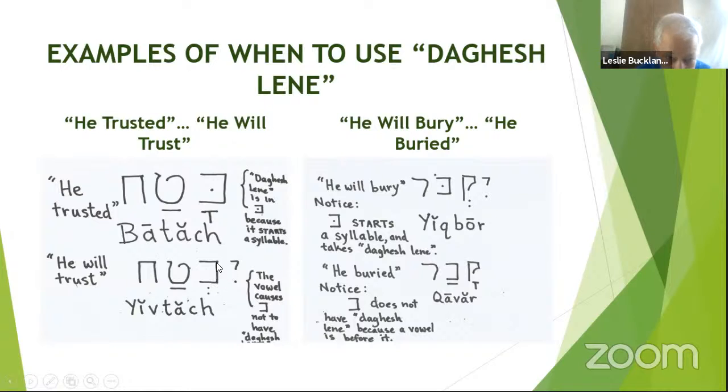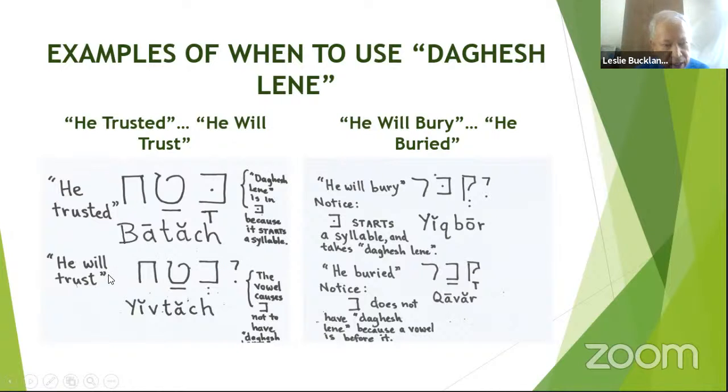So because there is a short vowel before the vase, you can't put the Dagesh Lenny in vase, because one of the conditions is that there is no vowel immediately before vase, or any of the other consonants that Dagesh Lenny could go in.